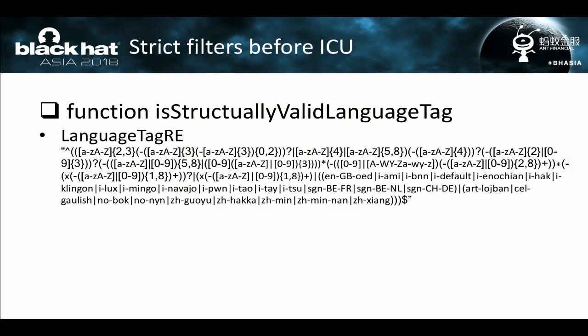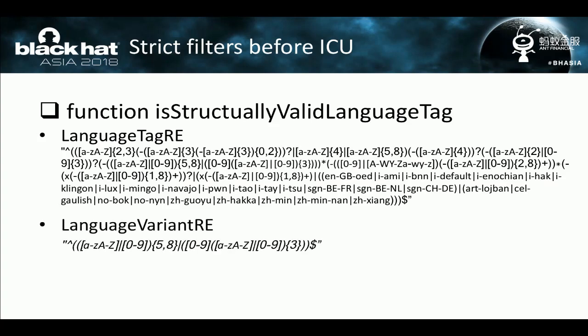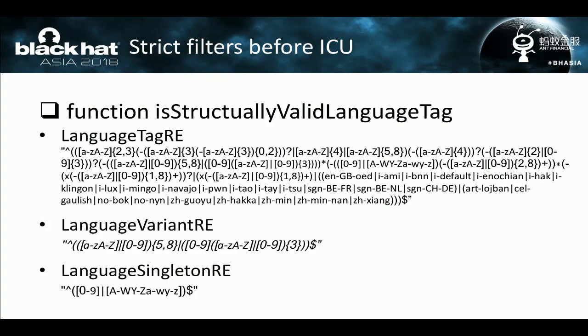The function isStructurallyValidLanguageTag uses 3 regular expressions. The first regular expression is so long. It is used to match the whole locale tag string. The second, languageVariantRE, is used to match the variant part of the locale tag. The third, languageSingletonRE, is used to match the extension of the locale tag.